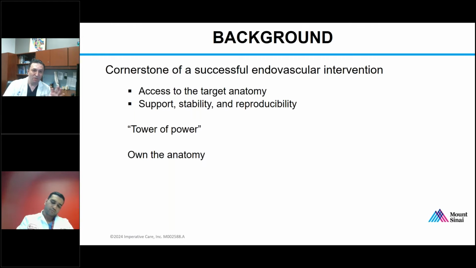If we go back to the cornerstone of endovascular intervention, it has always been the access to target anatomy, which can provide support and stability.